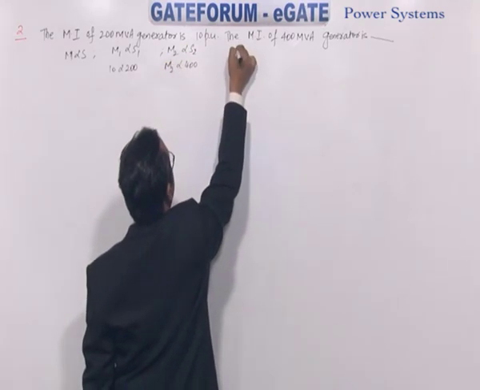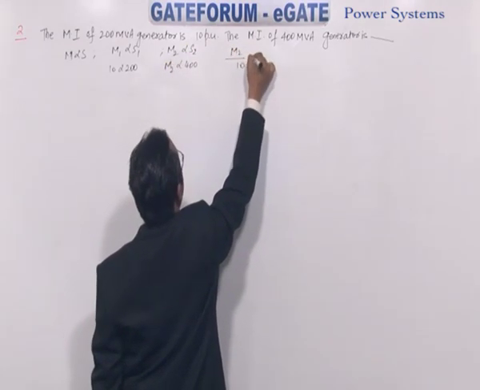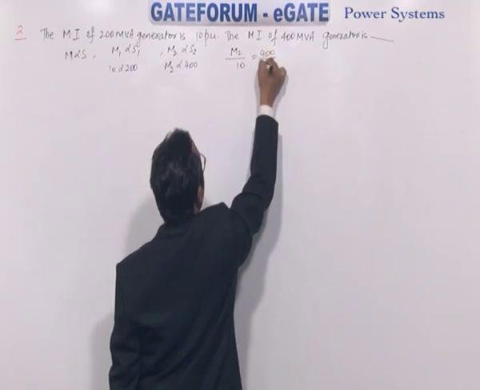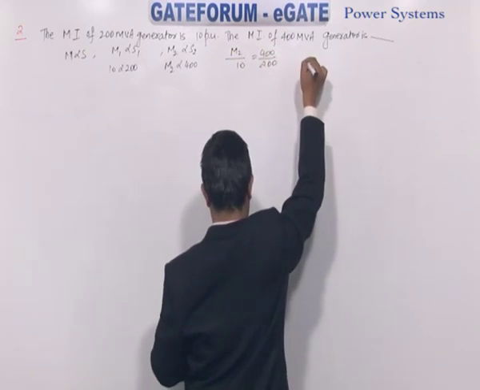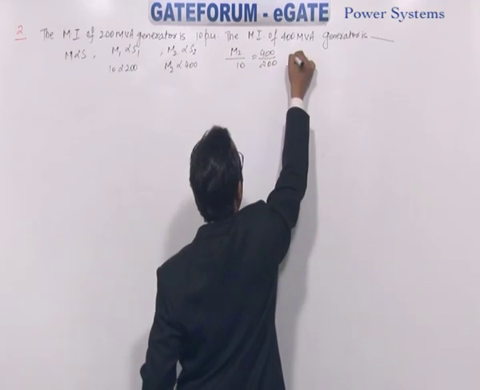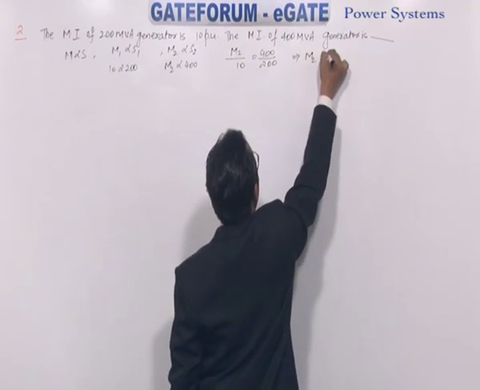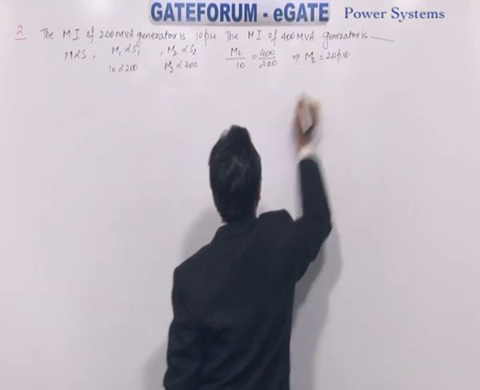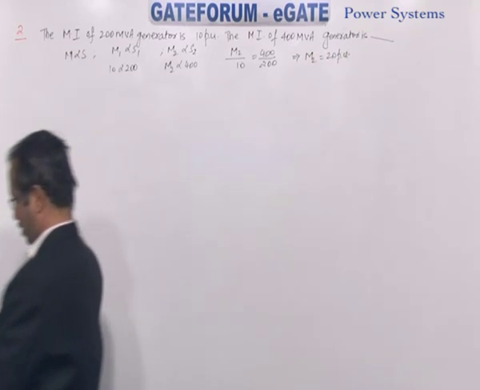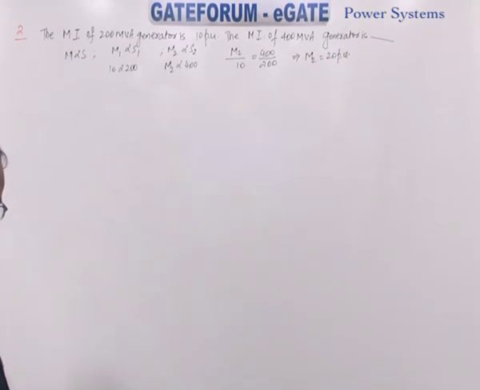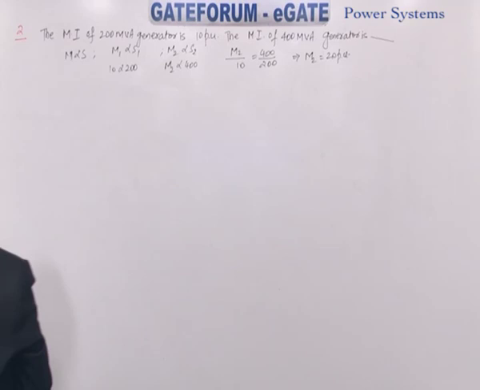Divide these two terms and calculate. M2 by 10 is 400 by 200. On simplifying, what is the value of M2 you get? M2 you get as 20 per unit.